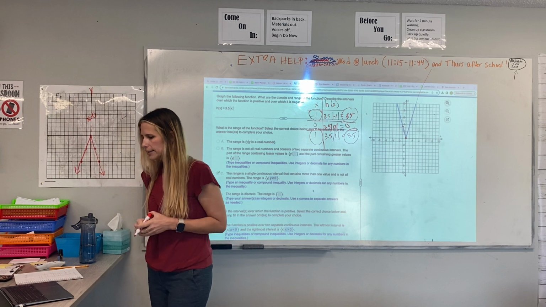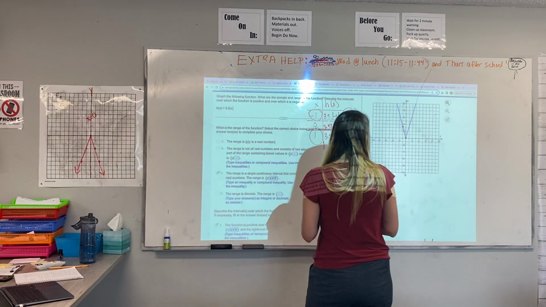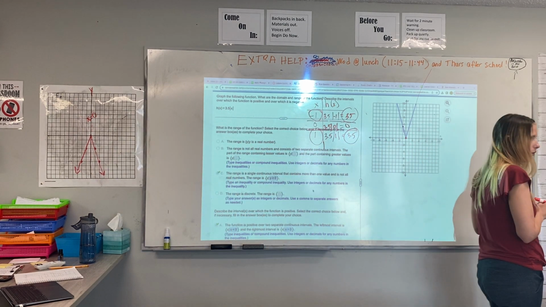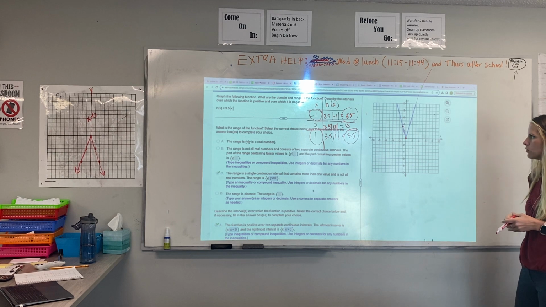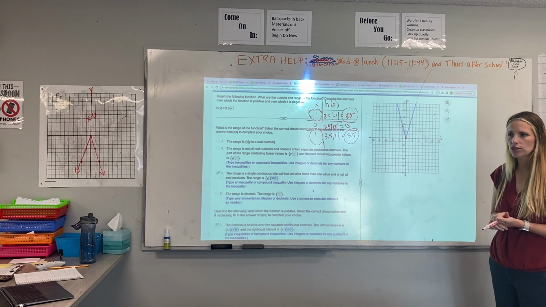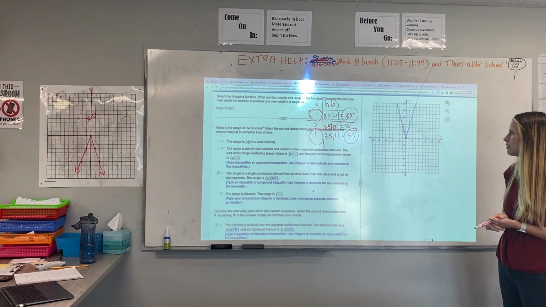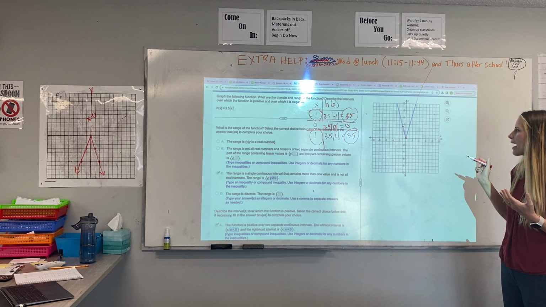And then the range of this very same function over here. We're looking for our y values. What y values are allowed on this function? Let's look at our y-axis.